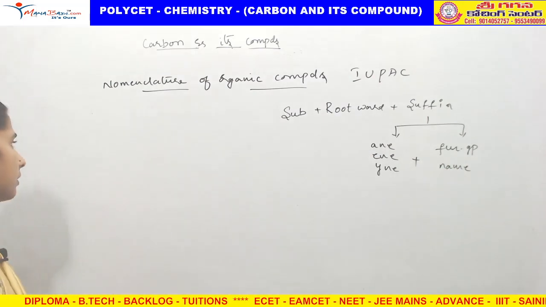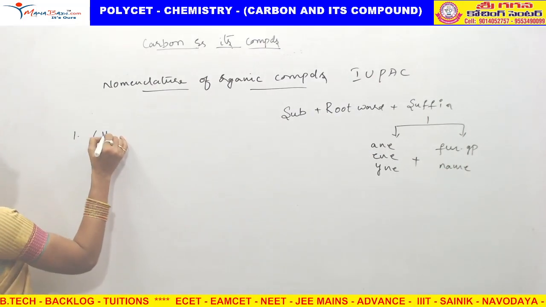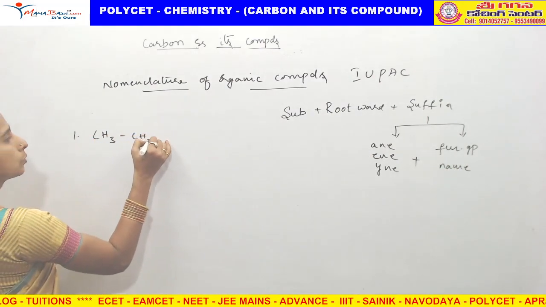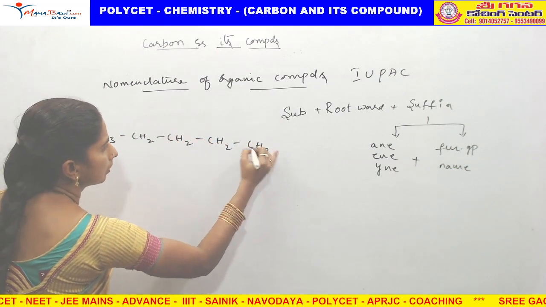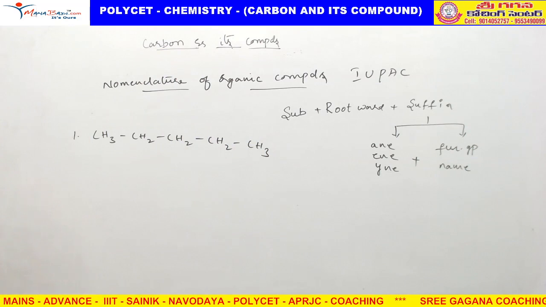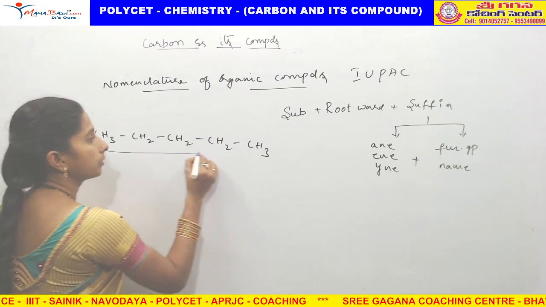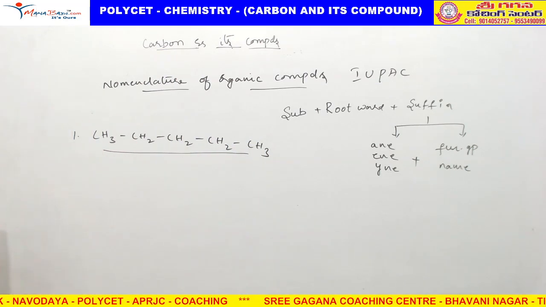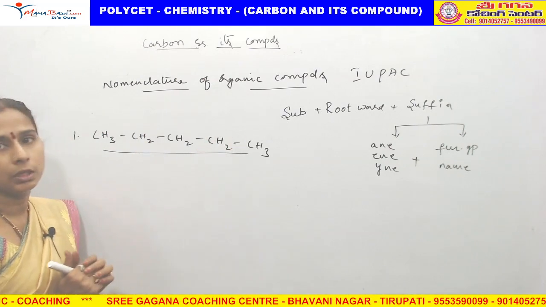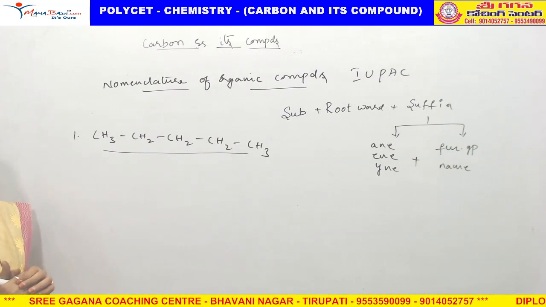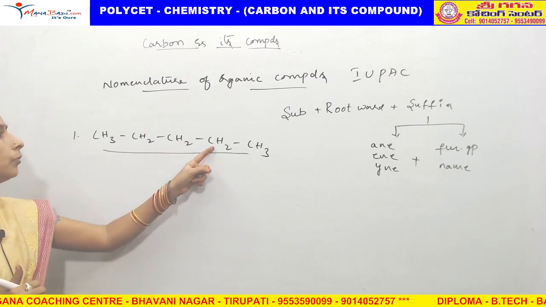That we will discuss. For example, number 1, CH3 CH2 CH2 CH2 CH3. Select a long carbon chain. Only one carbon chain is there, this one. For each and every carbon, you need to give the numbering. How many carbons are there? 1, 2, 3, 4, 5.